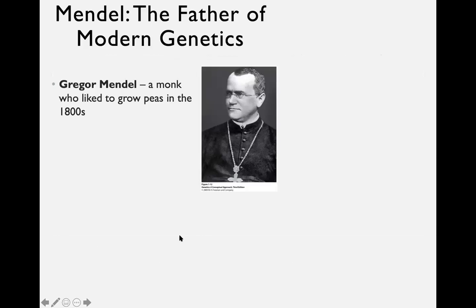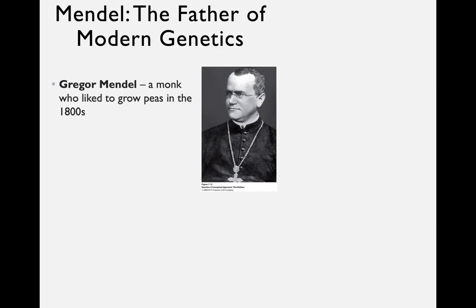All right, so some history here. Good old Gregor Mendel. You may have heard Mendel's name. I think this chapter is called Mendelian Genetics because it's all based on his work. So he's the father of modern genetics. He was a monk in Europe, was it Switzerland?